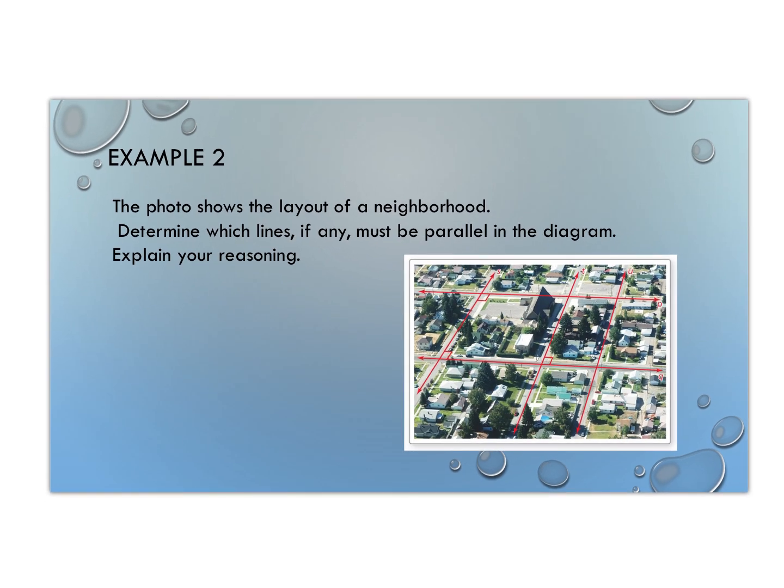And then we come again to another problem here, and it says the photo shows the layout of a neighborhood. Determine which lines, if any, must be parallel in the diagram. Explain your reasoning. So here, you're trying to prove parallel lines. So let's see, what have we been given?